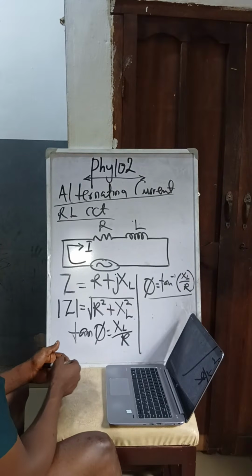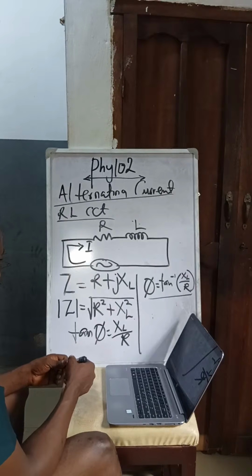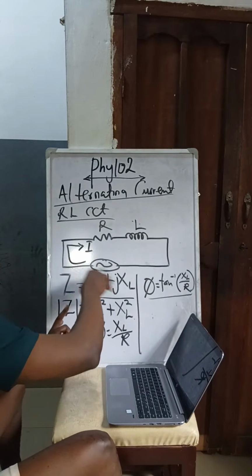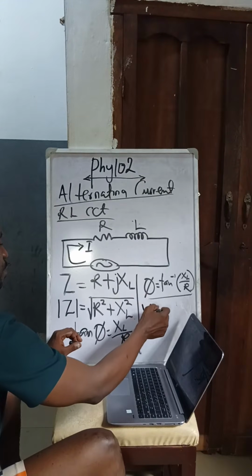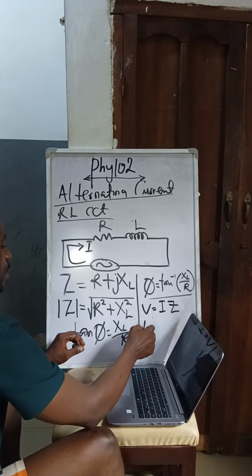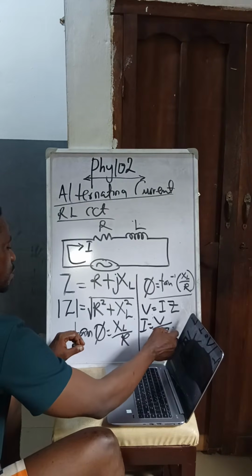If you want to calculate the total current that passes through, we have V is equal to IZ, so I is equal to V all over Z.